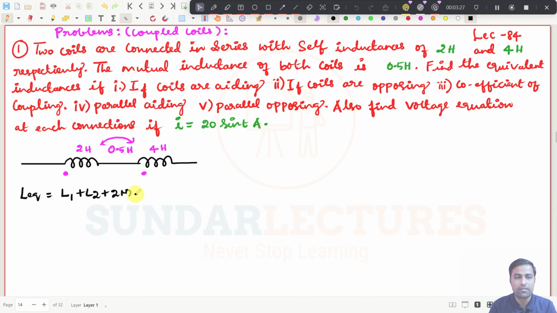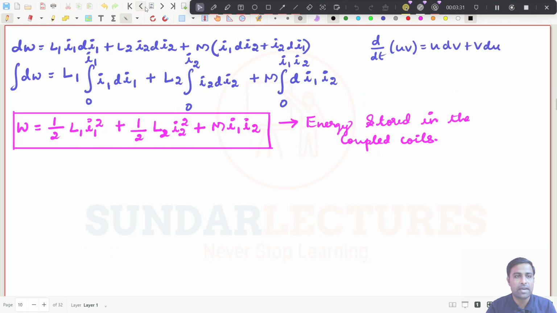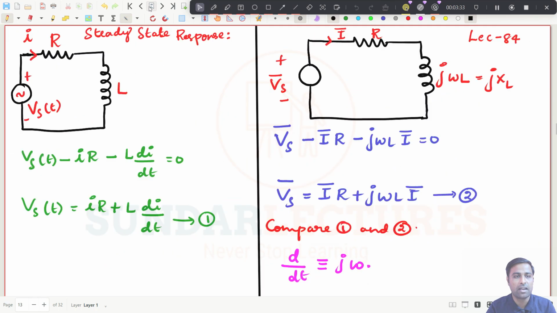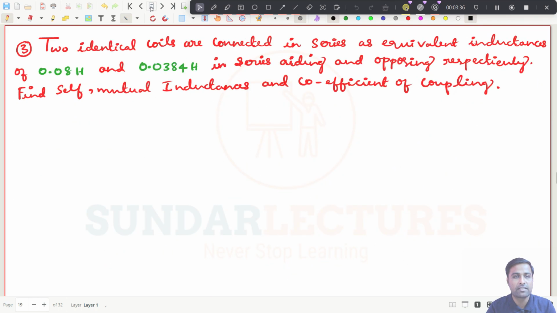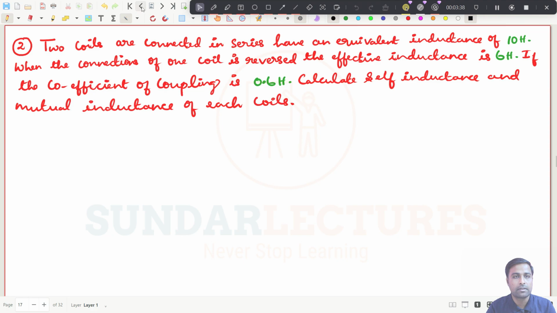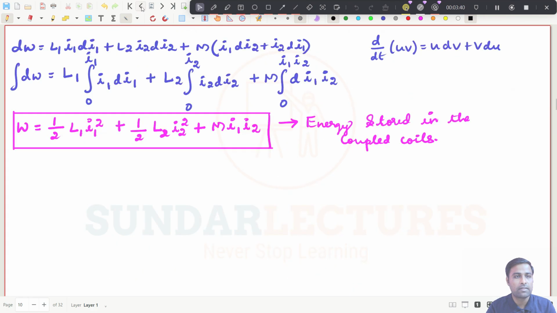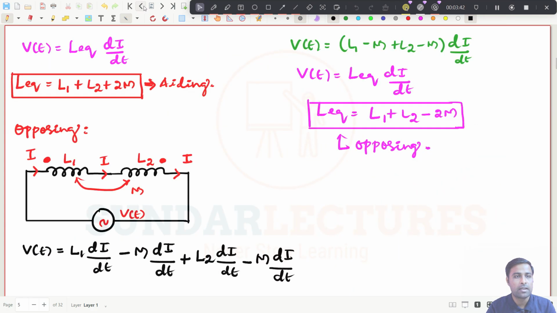This is the formula for aiding. We have seen parallel and series aiding and all those kinds of things already. We have written the formulas for aiding, so try to understand.